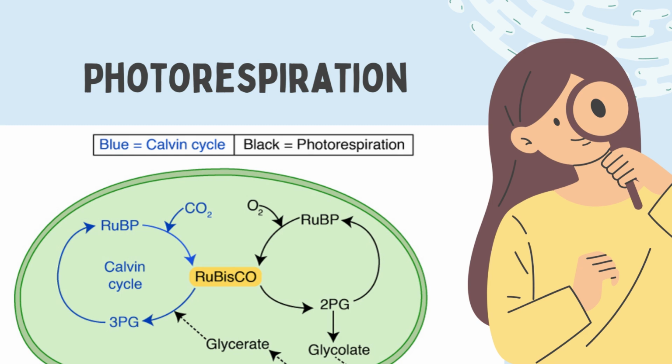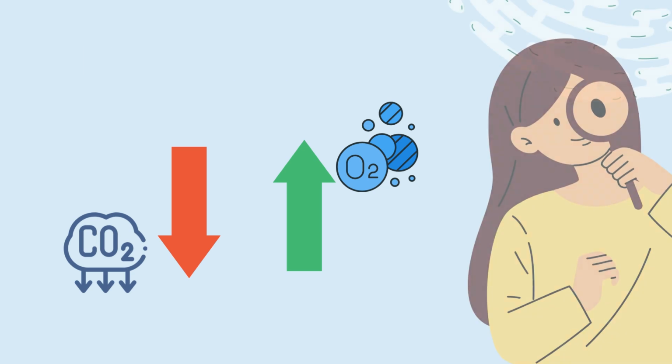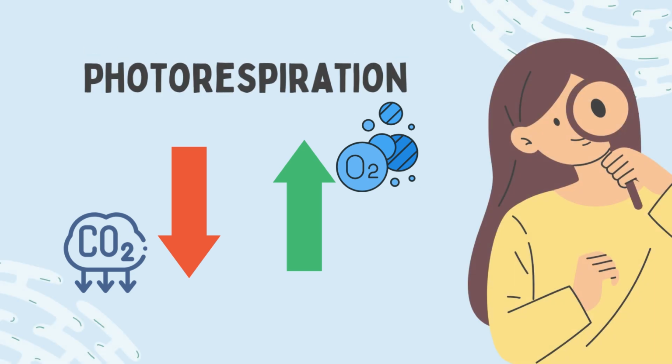Essentially, it's a wasting of energy. Photorespiration usually happens when carbon dioxide levels are low and oxygen levels are high. In short, photorespiration is the reverse of photosynthesis because it hampers carbon dioxide fixation and reduces the efficiency of photosynthesis.